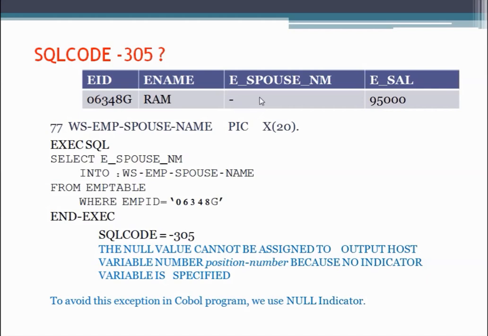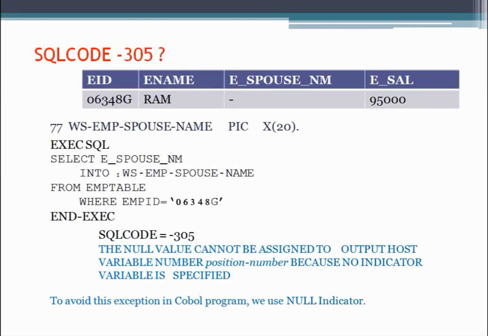So we cannot receive an undefined value in a defined data type variable. In this case we usually get SQL code -305, and this means a null value cannot be assigned to an output host variable because no null indicator variable is defined or specified.